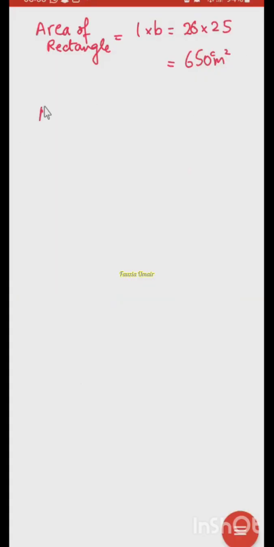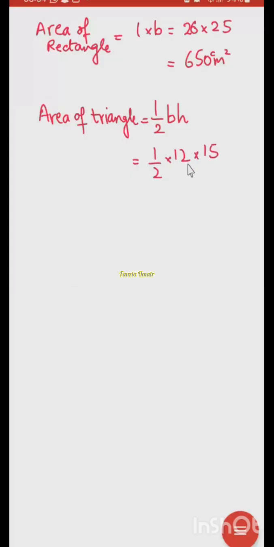So now we are going to find out area of triangle. We know all the four shapes in the figure. The area of triangle is half BH. It's clearly written in the figure 12 and 15. So half multiplied by 12 multiplied by 15. There is a multiplication sign in the numbers, so we can cancel it. 2 sixes are 12 and 15 into 6 is 90. 90 centimeter square.